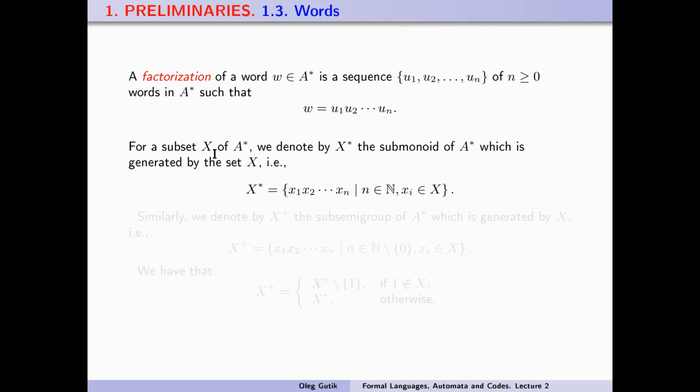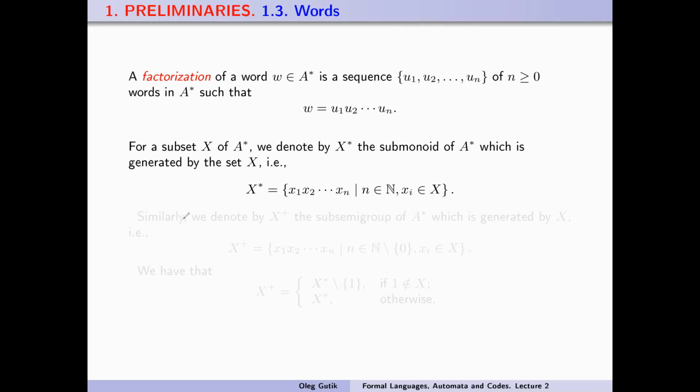Also, if we have a subset X of the free monoid A star, we denote by X star the submonoid of A star which is generated by the set X. What is this? This set consists of the words x1, x2, and so on, xn from the set X. The example is not very difficult.